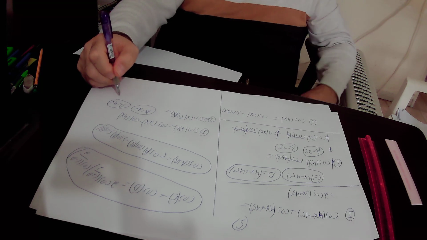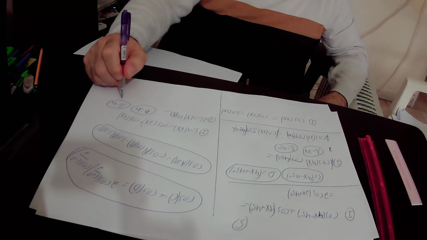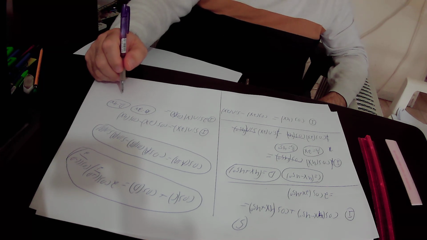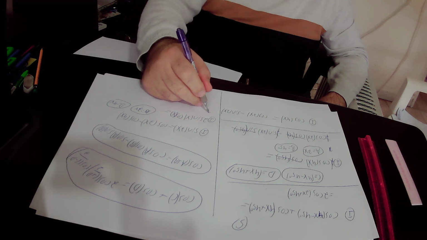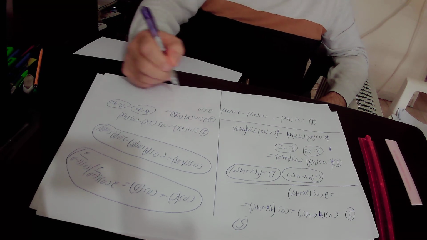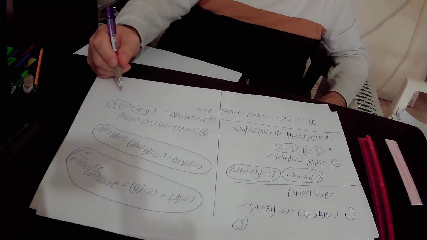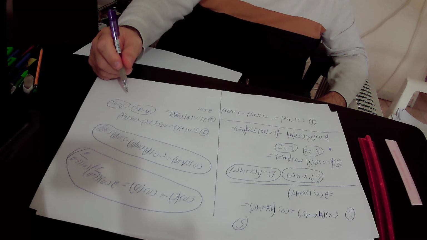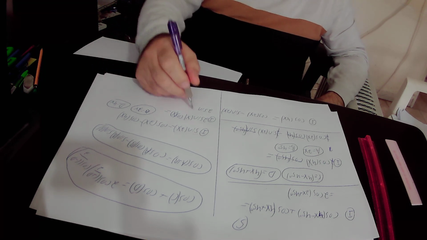So cosine c minus cosine d equals 2 sine of (d plus c) over 2. D is 4x, c is 2x, so 4x plus 2x is 6x, and 6x over 2 is 3x.